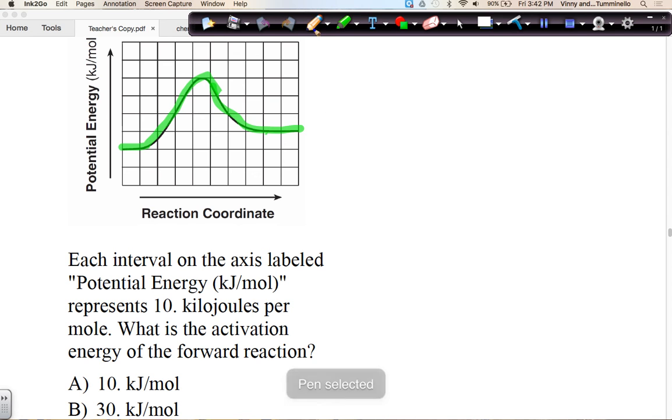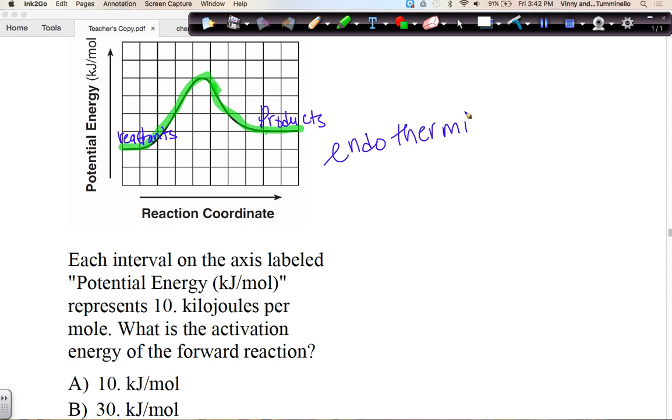Now in this particular potential energy diagram, the products have more potential energy than the reactants. So this here is going to be an endothermic potential energy diagram. Since it's endothermic, that means that there will be a positive value for delta H because we always do the value for the products minus the value for the reactants to get the delta H.